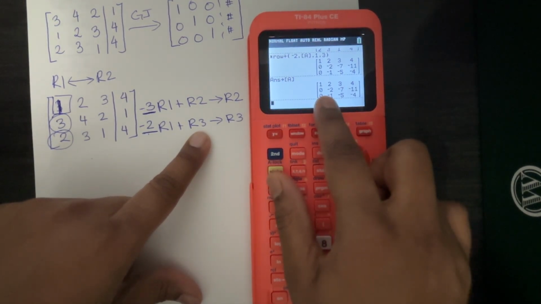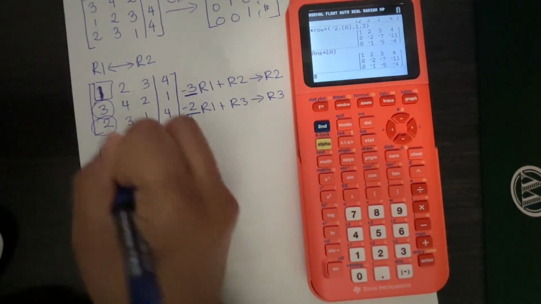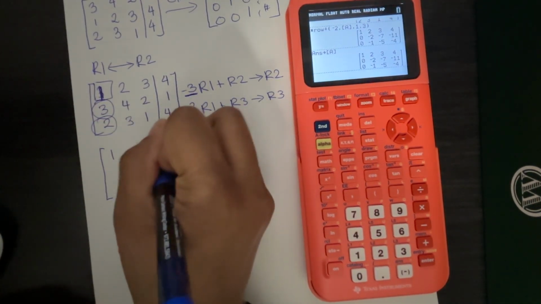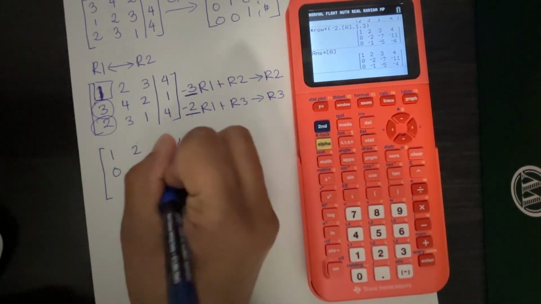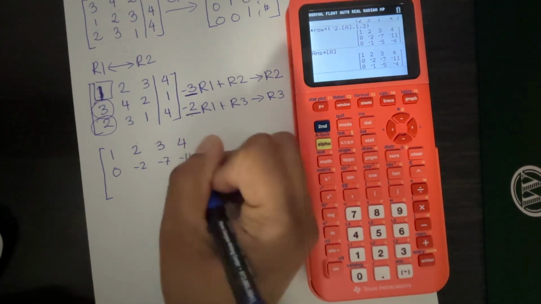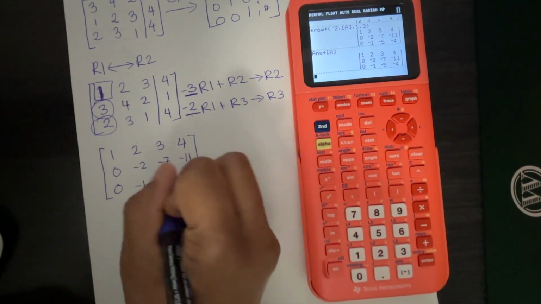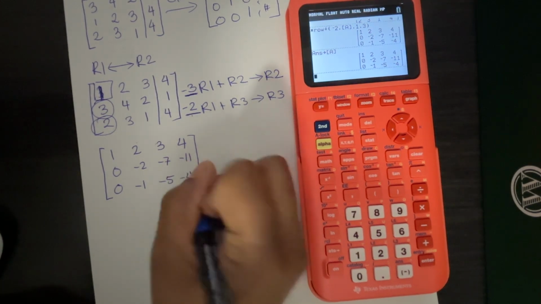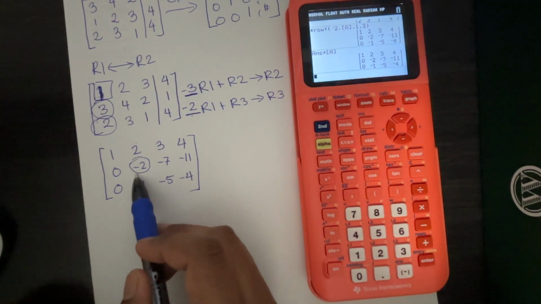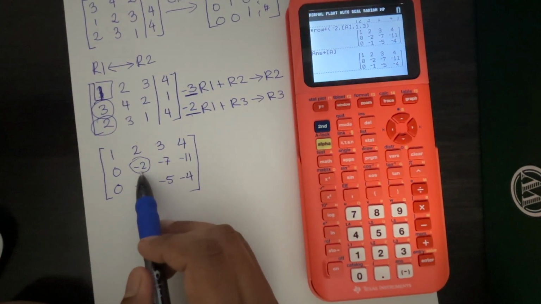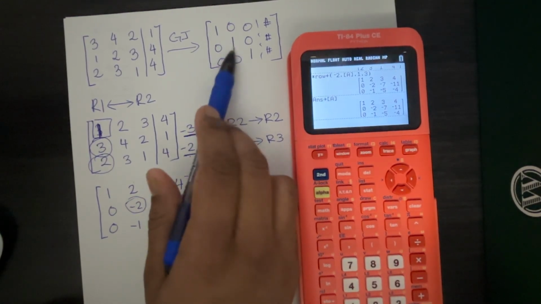Okay, so let's write this down. The reason we're going to write this down is that the next step, we need to divide the row. It is possible to do it in a calculator, but I like doing this part manually. So I can move on to my next pivot, which is right here, the -2, but I need this to be a 1 based on the Gauss-Jordan form.